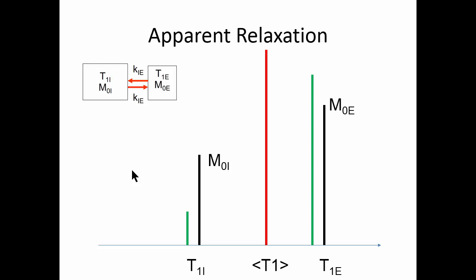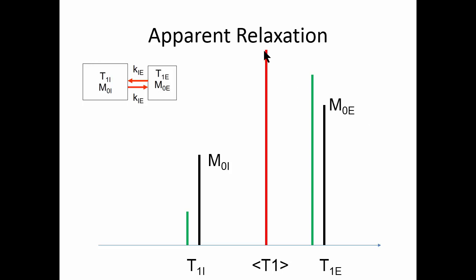And consequently, what you would see is as follows. This is just a plot of a T2 or T1 spectrum. It's just the populations of the spins that have a particular relaxation time. If you don't have an exchange, the ideal case, you would see two components, the intrinsic T1 or T2 relaxation times, and we would measure the spin density inside and outside cells.